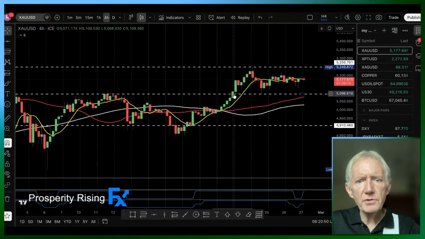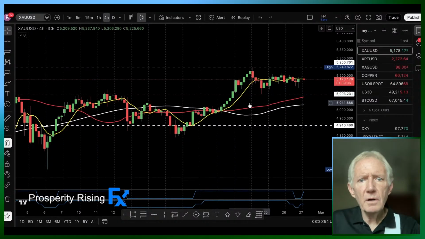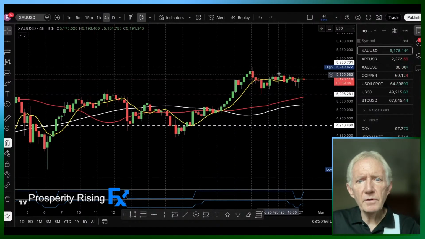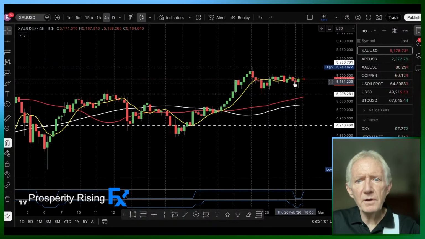We had a break of structure here on Monday, and now it's in a new consolidation zone all week long. Even yesterday and today, you look at this 4-hour chart, it's just sideways. On the 4-hour chart, gold is actually neutral now. And that's pretty obvious when you look at the chart. It's not bullish or bearish, it's neutral.